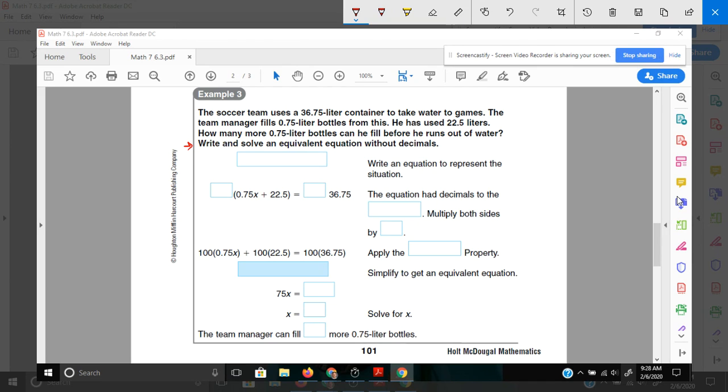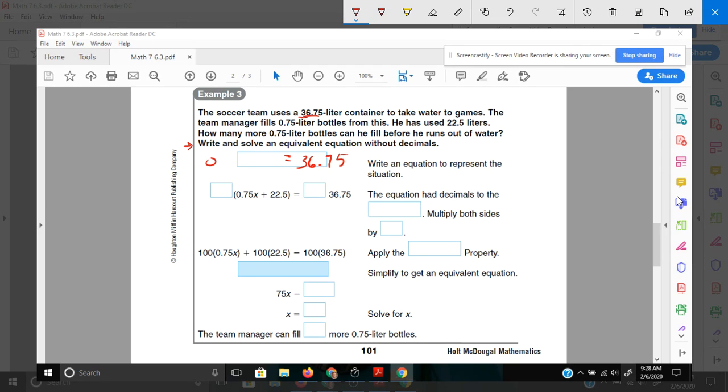Okay. So first we need to write our equation. I know that my total is this 36.75, so I'm going to write that at the end. Equals 36.75. That's my total. And how can I figure out now what to put on the left-hand side? Well, I know that the team manager fills bottles that are 0.75 liters, and each bottle is that much.